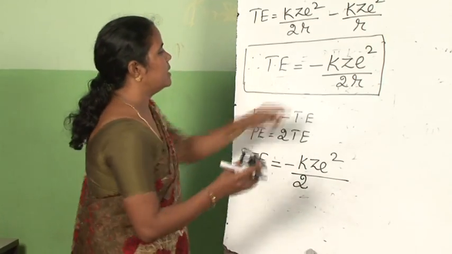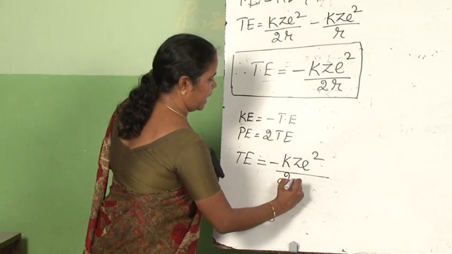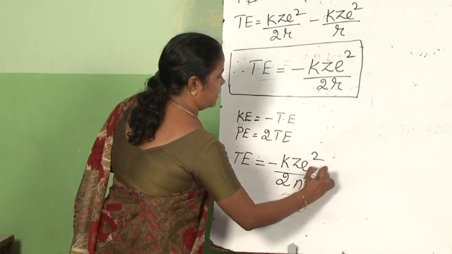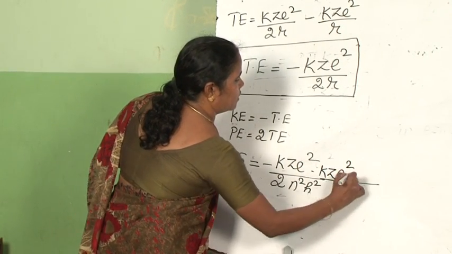Now, in the total energy expression, total energy is equal to minus k z e square by 2r. Substitute the value of r from the equation, which is n square h square by 4 pi square m k z e square.